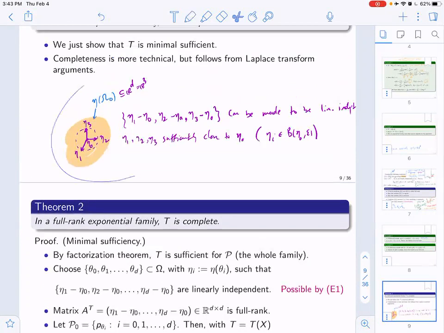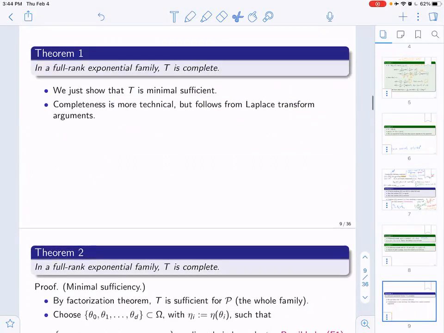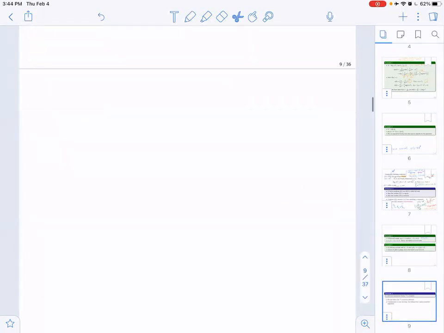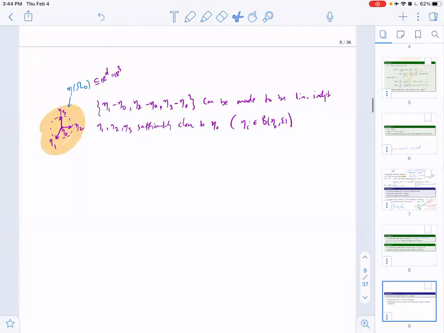Okay, so once I have that, I can form these. Let's say I'm doing it with just theta 1, theta 2, for the sake of argument, and we can do it for the general case.